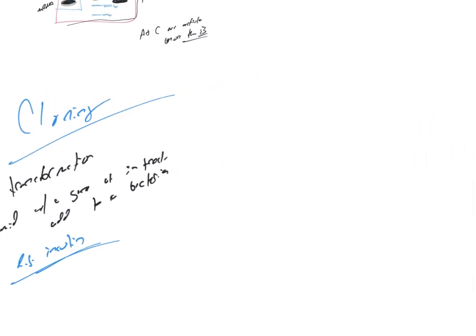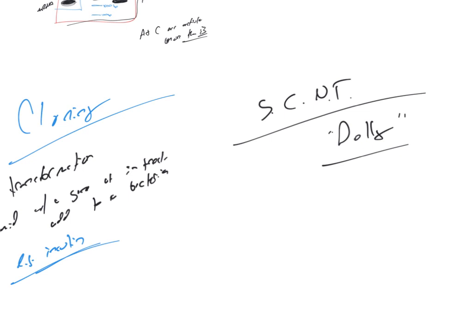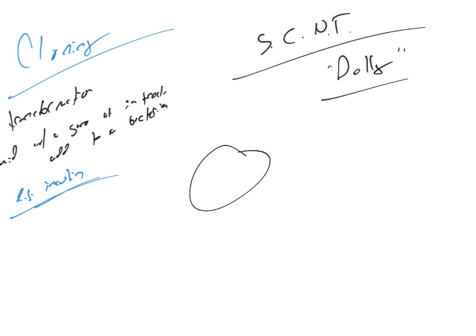The other kind of cloning is somatic cell nuclear transfer. This was the famous sheep Dolly. Here's the nucleus of one cell, and here's my other nucleus. This looks very inappropriate, but bear with me.